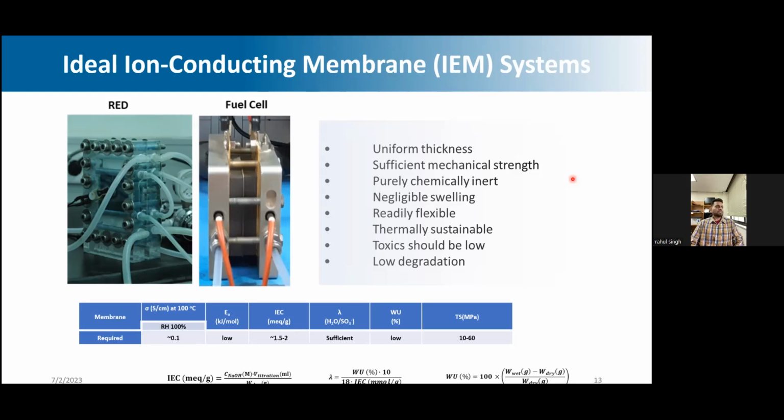It should be chemically inert, so it does not react with the electrodes present inside. And swelling should be low in hydrated condition, because these systems work at moisture level. RED, reverse electrodialysis, as I mentioned, works on the salinity gradient.